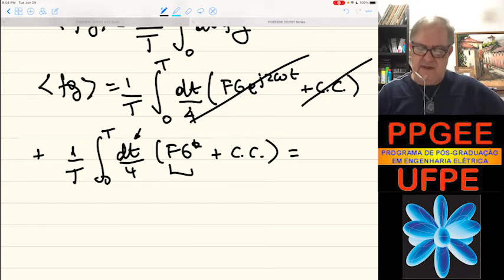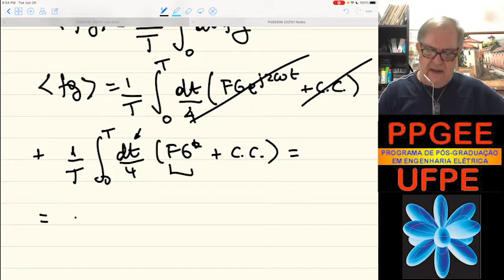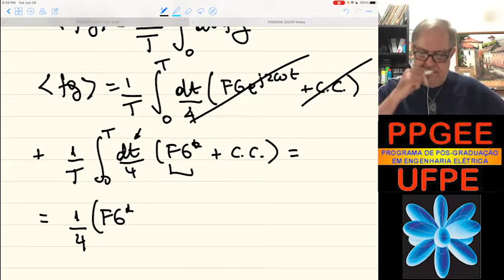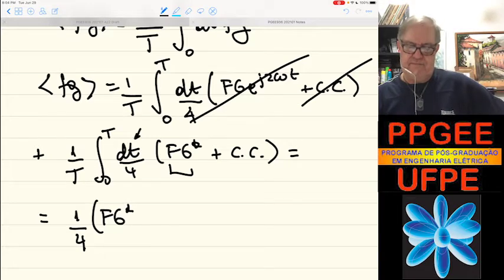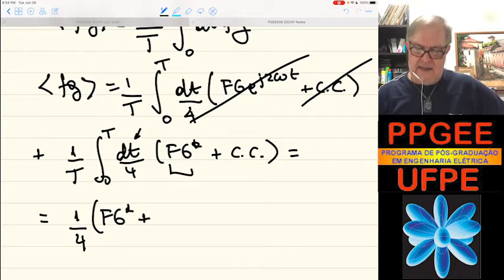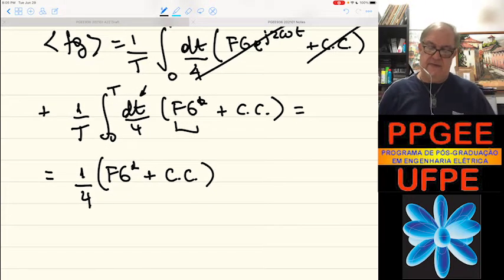This is a constant function, so this is going to be 1/4 of fg conjugate plus complex conjugate, right? So that's what we have.